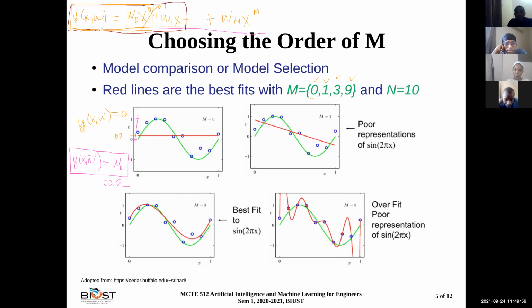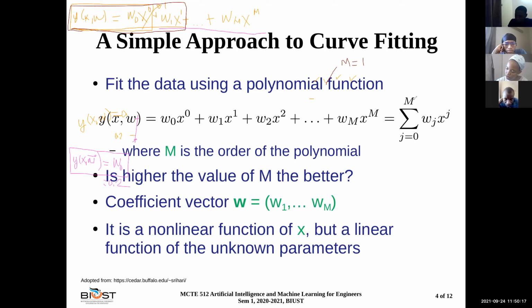When m is equal to 1, this polynomial function, if you can see this equation here, j starts from 0 to some value m.